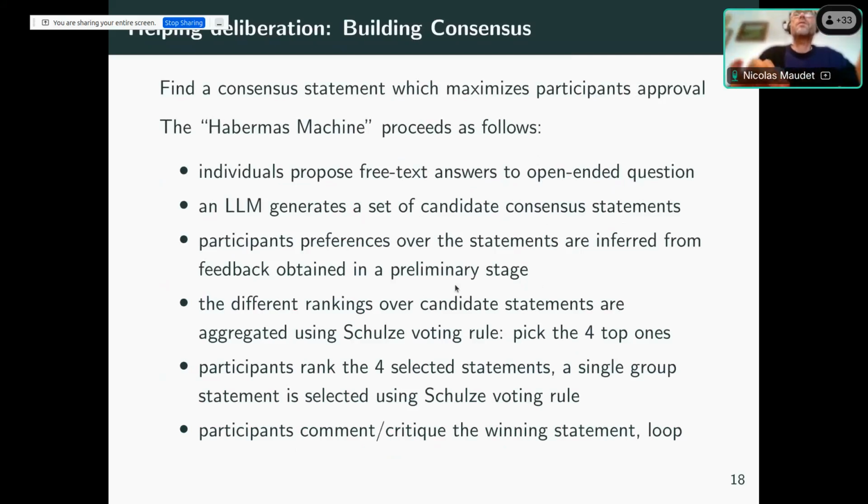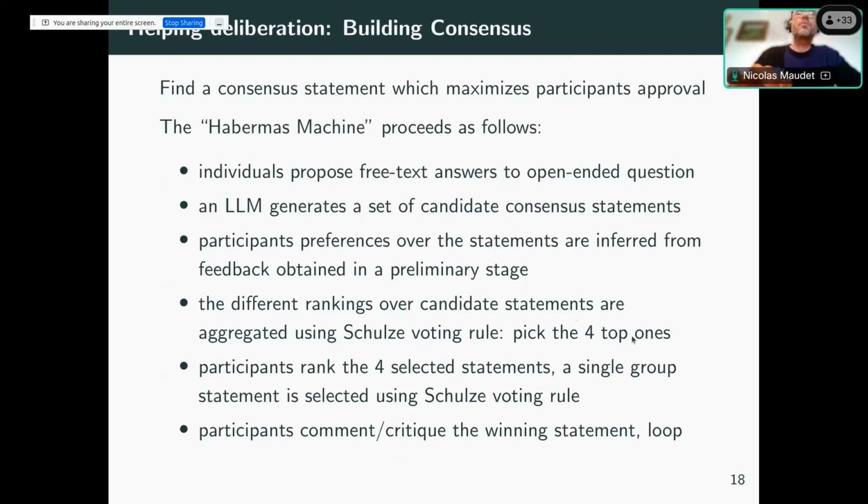Then the participants' preferences over the statements are inferred from some feedback that you would have obtained at a preliminary stage. Then you aggregate the different rankings using the Schulze voting rule, that I don't have time to present, I'm sorry.